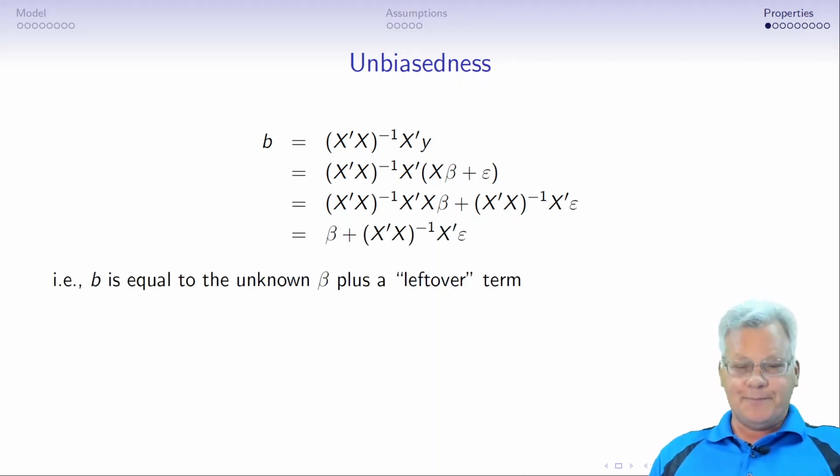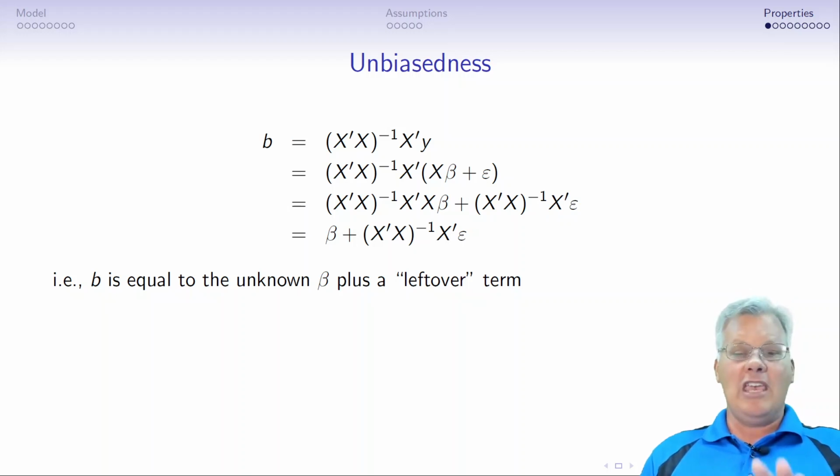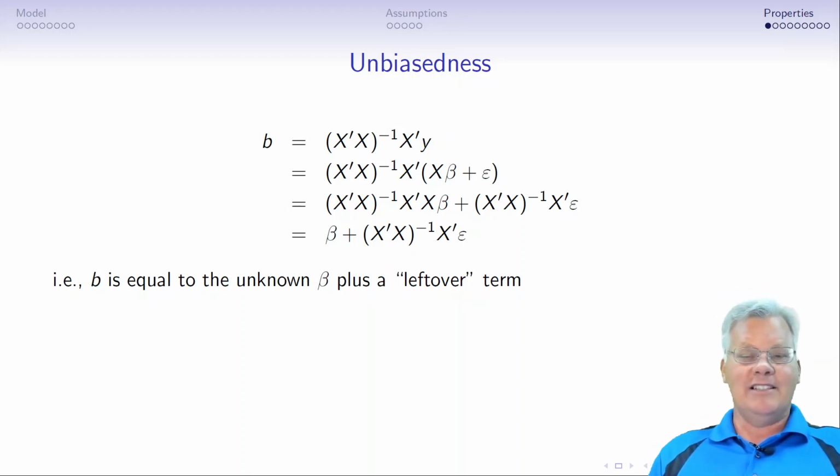You'll notice that x prime x inverse x prime x, what I'm doing is I'm taking x prime x and pre-multiplying it by its inverse. So that means this becomes the identity matrix, and I receive beta plus this extra term.